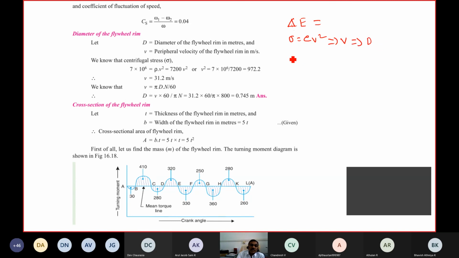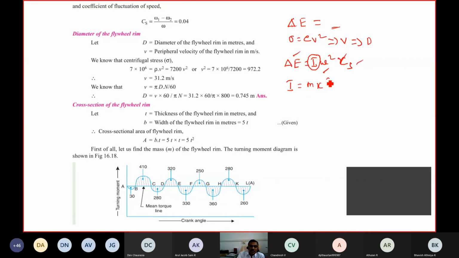After that, delta E is known. What is delta E? Delta E is equal to I omega square Cs. In this equation you have to find the value of I. Delta E is known, omega is known, Cs is known. So you can find the value of I. What is I?